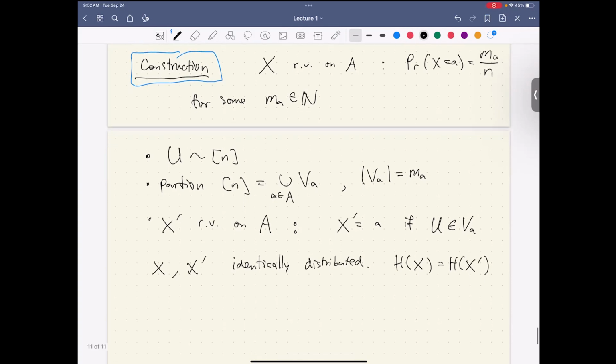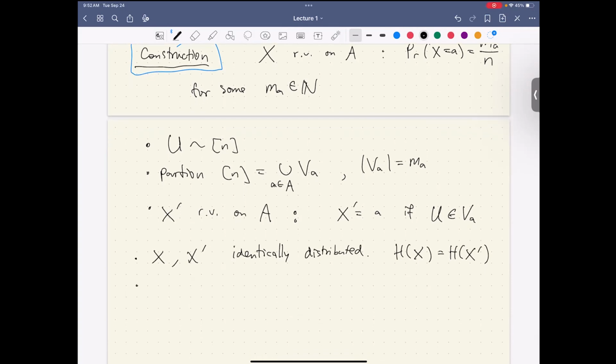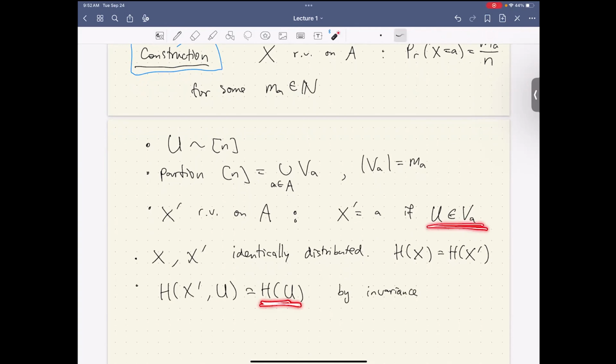Another thing is, by invariance, the joint entropy they carry is the same as what U itself carries, simply because if you know U already, you know exactly what X prime is. So the information that U gives you is the same as their joint information by invariance.